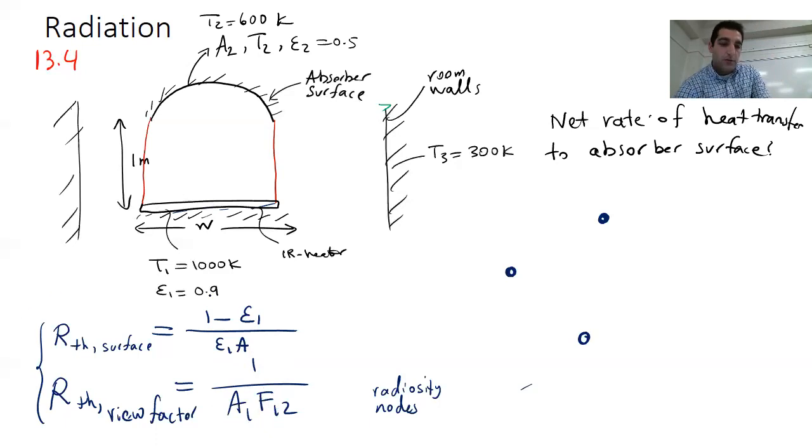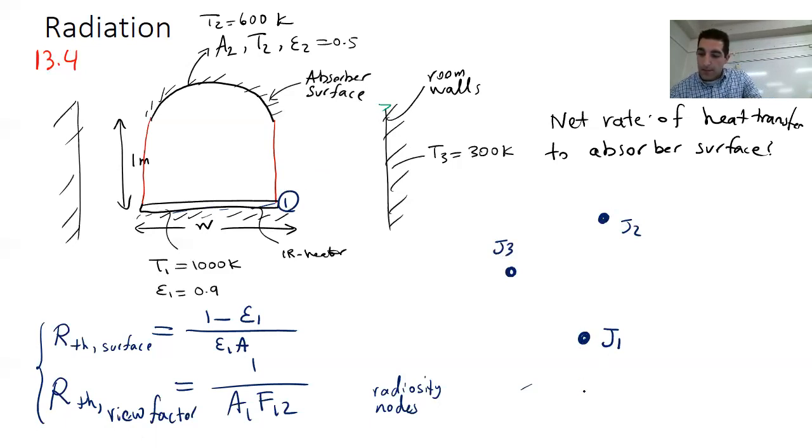Now, I'm going to use these two resistors to build my network. This is, I guess we call this wall 1. So let's call this radiosity of surface 1, radiosity of surface 2, and radiosity of surface 3, which is the room.